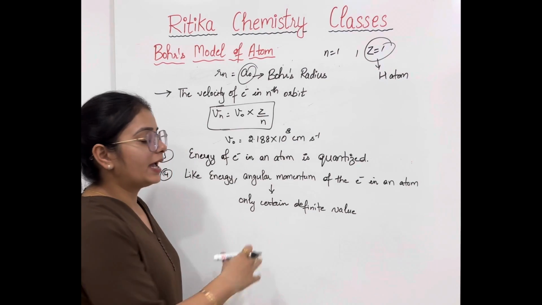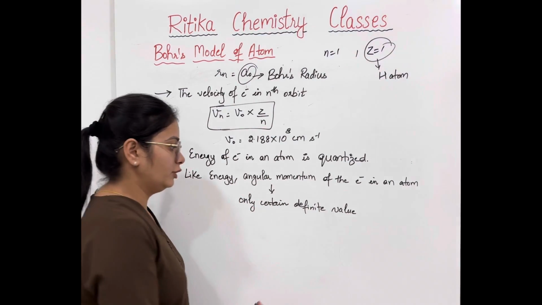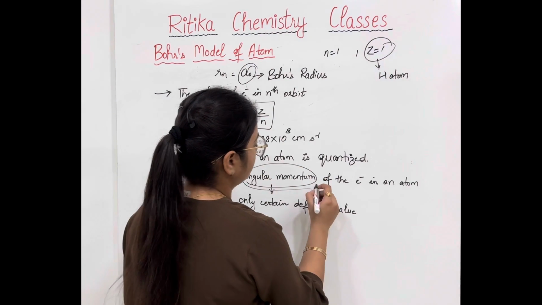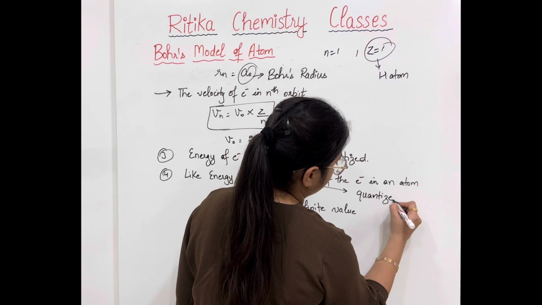It cannot have any value of its own. So angular momentum is also quantized. So the angular momentum of an electron is also quantized.